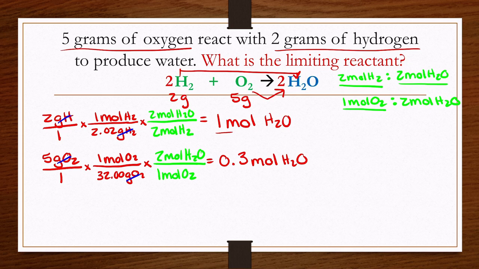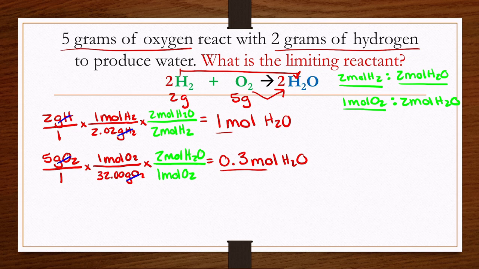So if I set up this calculation to start with my 5 grams of oxygen, and I try to figure out how much water I can produce with just the 5 grams of oxygen and endless amounts of hydrogen, this tells me that with the 5 grams of oxygen, I'm only able to produce 0.3 moles of water. So after this 0.3 moles of water is produced, I can't make any more water because I run out of oxygen.